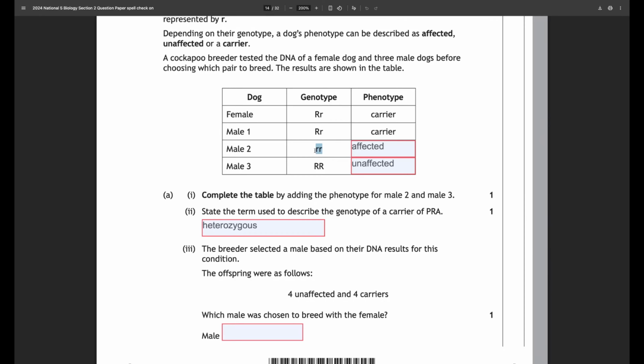Similar situation with male 2, because they only have lowercase r's, some of the offspring would be affected. Male 3, however, only has capital R's, which means every one of male 3's offspring will have at least one capital R, which means some of them will be unaffected completely. But because mum, the female, has one lowercase r, some of them will also be carriers. So it's going to be male 3 for that reason.